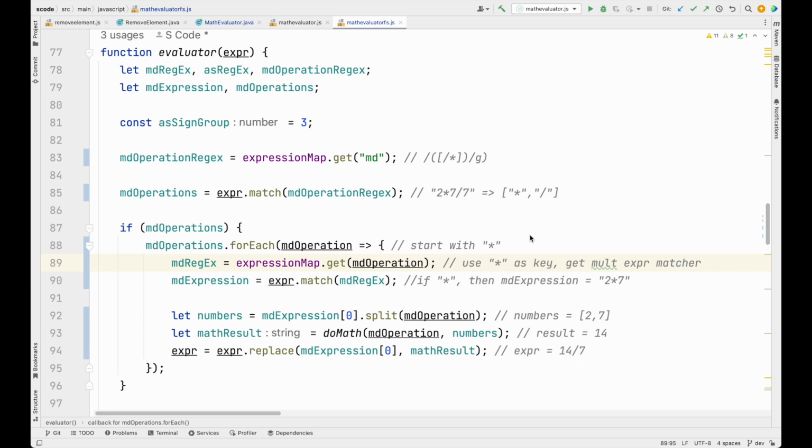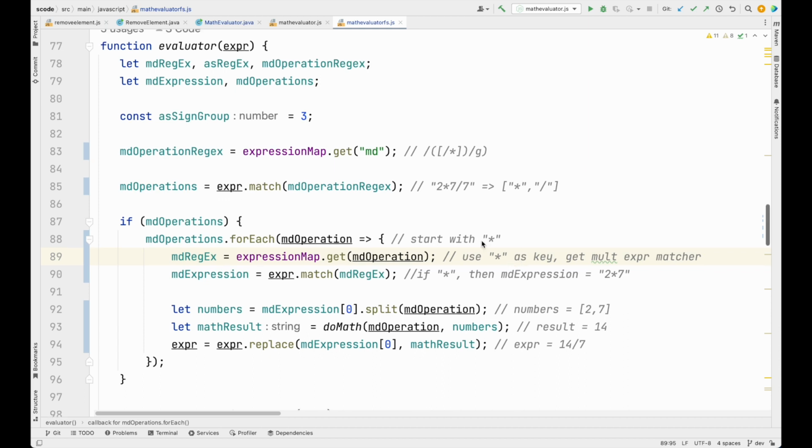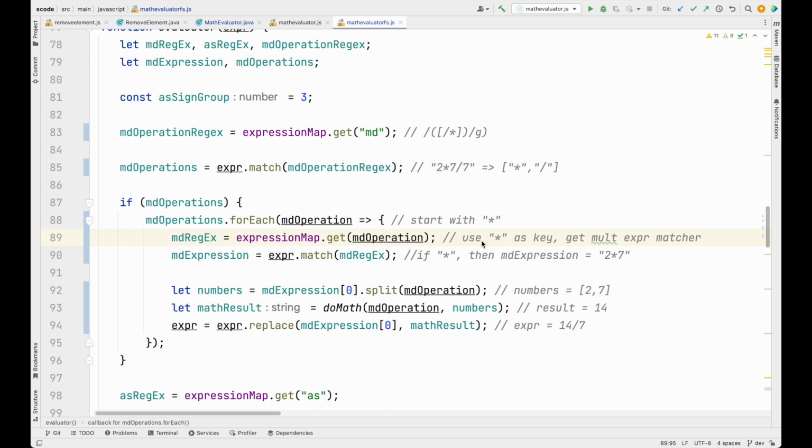Now that regular expression is just going to give us back a match of the multiplication sign or the division sign, one of the two. So at the very next line, you see MD operations, or multiply divide operations. And the expression that was passed in, we're going to use that regular expression to match it against.